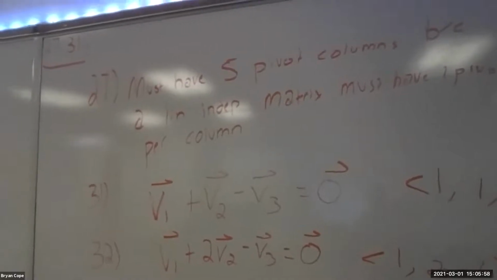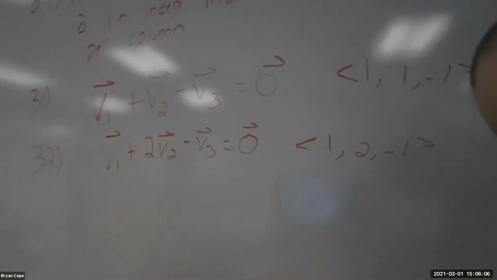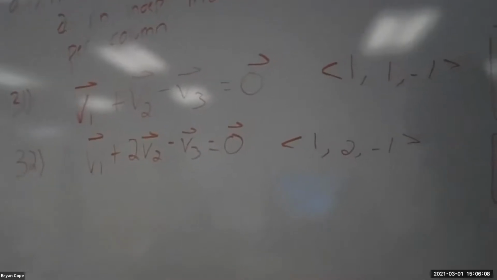Good. Then 31 gives you a matrix, and it tells you right away that it's linearly dependent and that V3 is the sum of V1 and V2. Then it's asking you to come up with some vector that describes a combination of these 3 vectors to make it a solution to AX equals 0.